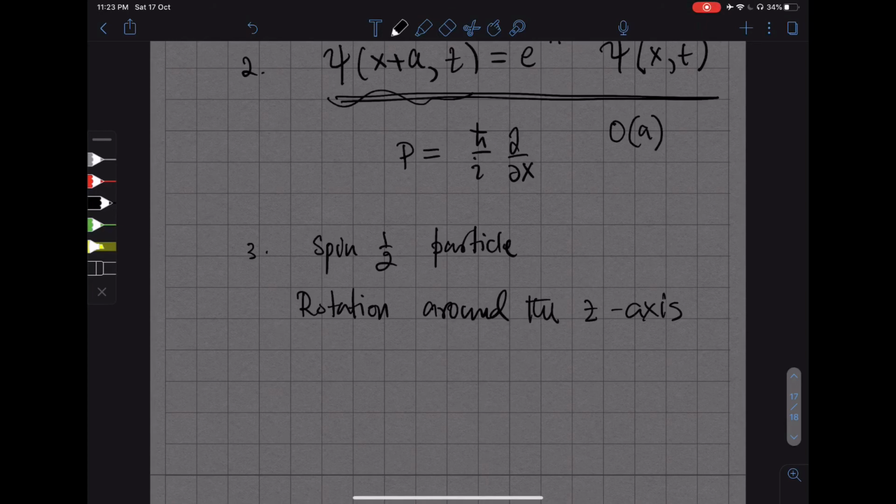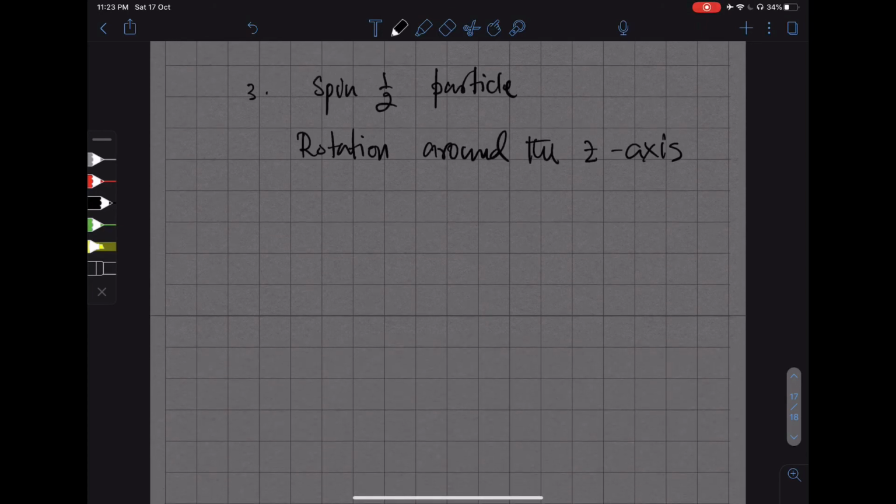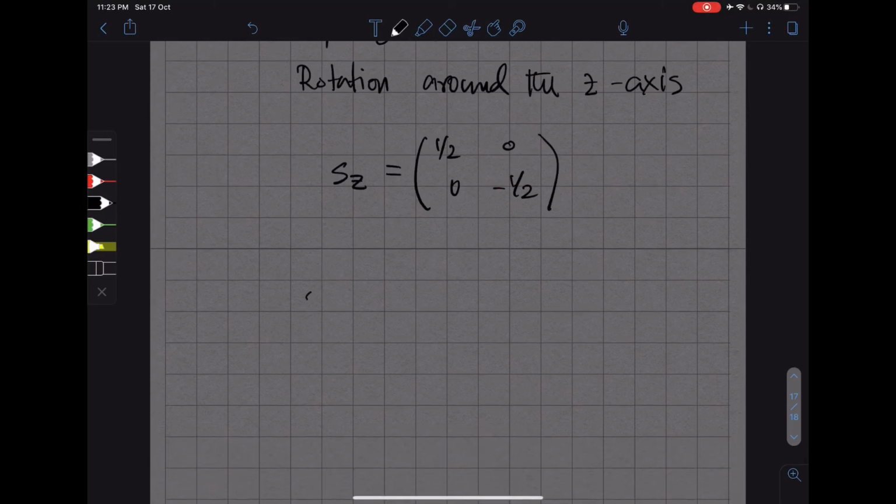We know that the S z operator is a 2 by 2 matrix, and therefore the wave function is going to be given by a two-component wave function. So this is our wave function.